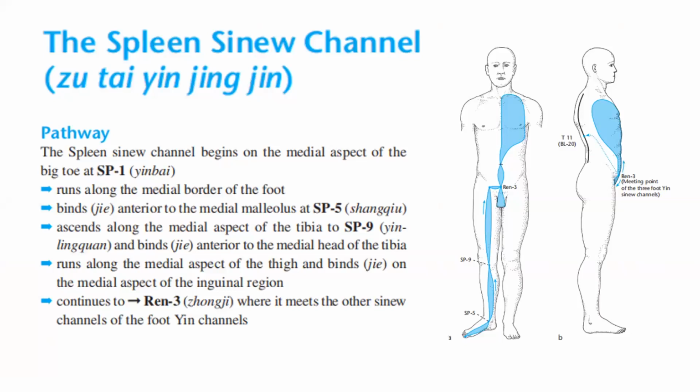It runs along the medial border of the foot, binds anterior to the medial malleolus at Spleen 5, ascends along the medial aspect of the tibia to Spleen 9, and binds anterior to the medial head of the tibia, runs along the medial aspect of the thigh, and binds on the medial aspect of the inguinal region, continues to Ren 3, where it meets the other Sinew channels of the foot yin channels.